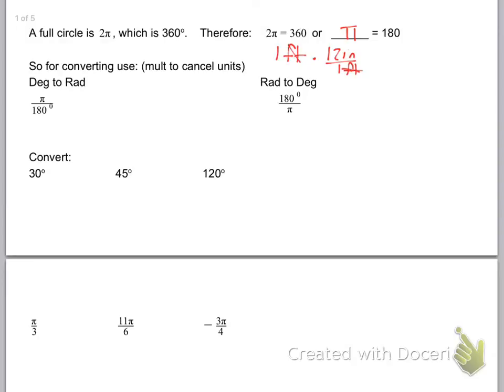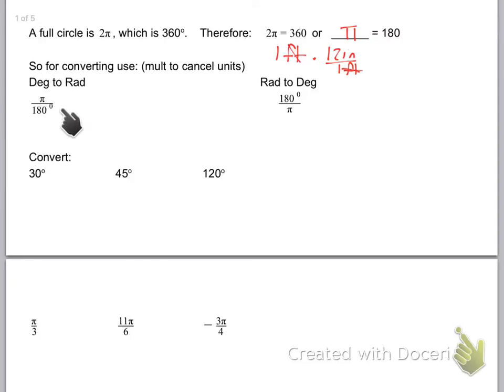So if I want to go from degrees to radians, I multiply the degrees by pi over 180. Because pi is equal to 180, that's our multiplier.